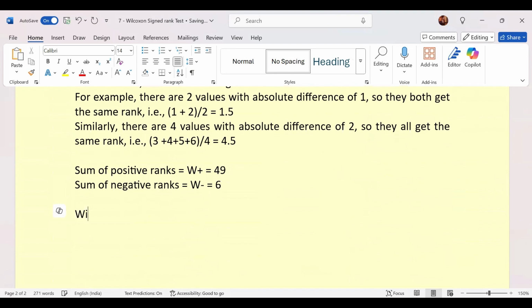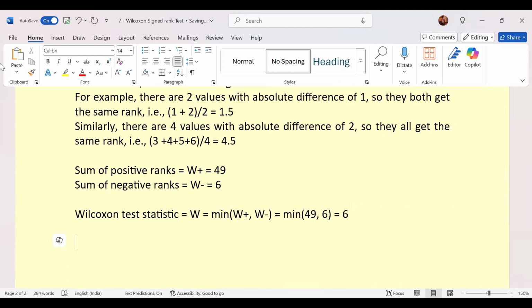So Wilcoxon's test statistic, which is W, is nothing but minimum of W plus, comma, W minus, means minimum of 49, comma, 6, which is 6. That means our calculated value is 6.